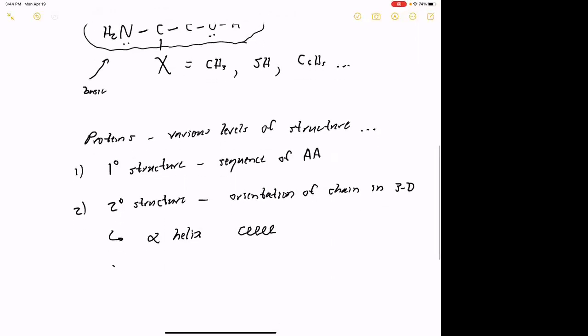The other option we have when we talk about these things is a so-called beta sheet. And the beta sheet does something a little different. So basically it kind of curves along like this, and then it wraps back around itself like this. And it does that again and again and again. And you can see what's going to happen here.